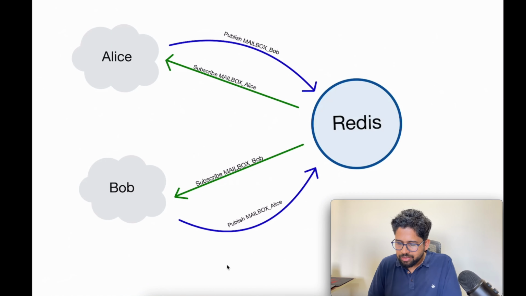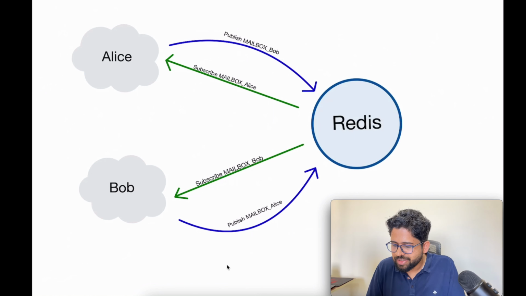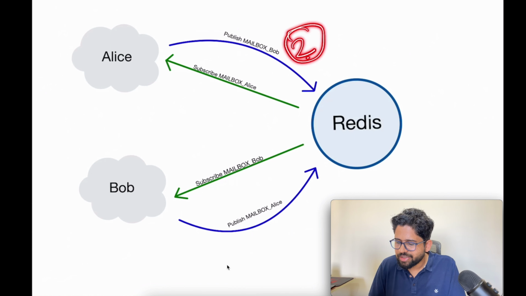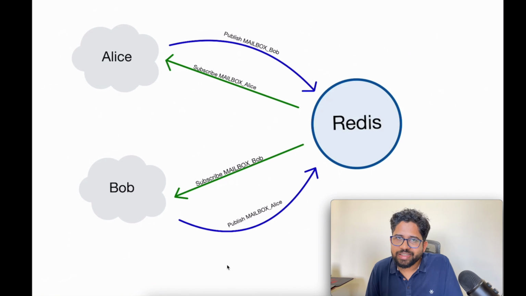So overall, this is how your solution will look. Alice will connect to Redis and Bob will also connect to Redis. Now there is one interesting thing you will see: there are two connections which are established instead of one. That is one connection to publish and the other to subscribe.